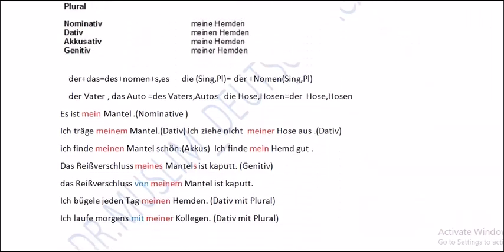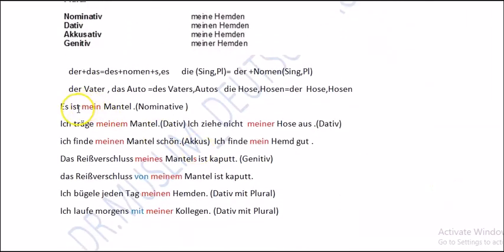Now we are coming to examples. For example, we are saying, "Es ist mein Mantel." It is nominative. When we are saying it in accusative, how we are saying that. For example, we say, ich trage meinen Mantel.